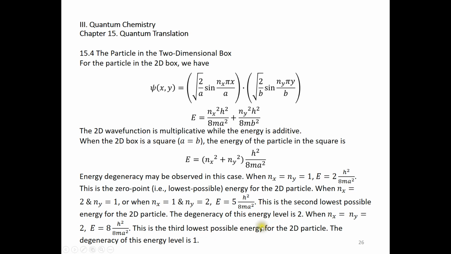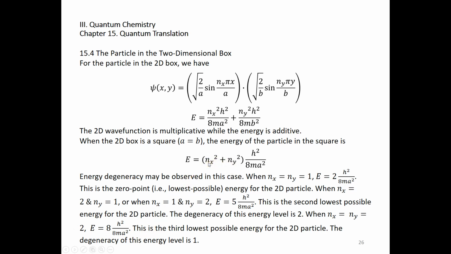Now you can predict the next energy level. Starting from 1, 1, and then you have 2, 1, or 1, 2, and then you have 2, 2, and then what's the next one? Well, the next energy level is going to be 1, 3, or 3, 1.